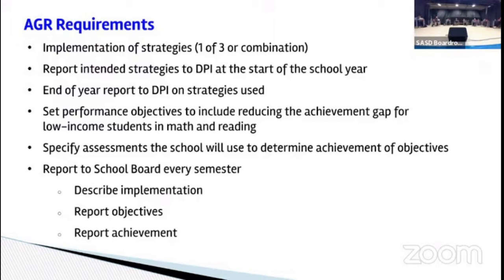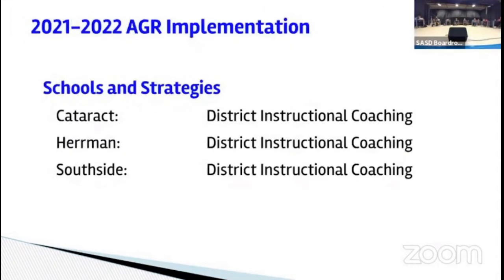A specified assessment will be determined, and for our kindergarten students, it's our PALS assessment and a mini math assessment. And for grades 1 through 3, we use our MAP data. And of course, per the DPI, we must report to the board 3 times a year. Our school strategies are the same across the district. Cataract, Herman, and Southside all use district instructional coaching as their strategy.